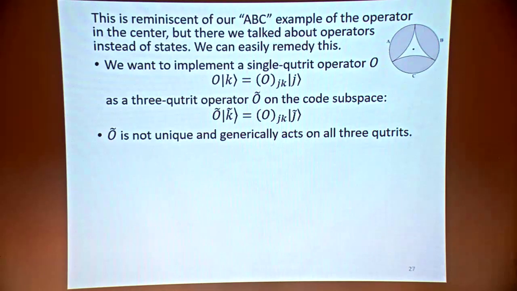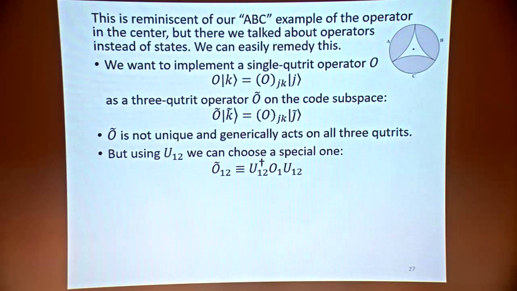And if we make a random choice, we will generally have an O tilde that acts on all three qutrits. But we can do better. In particular, we can use this U12 and choose a special realization of O tilde. Let me call that O12. So what it does is essentially to first decode the state using U12.